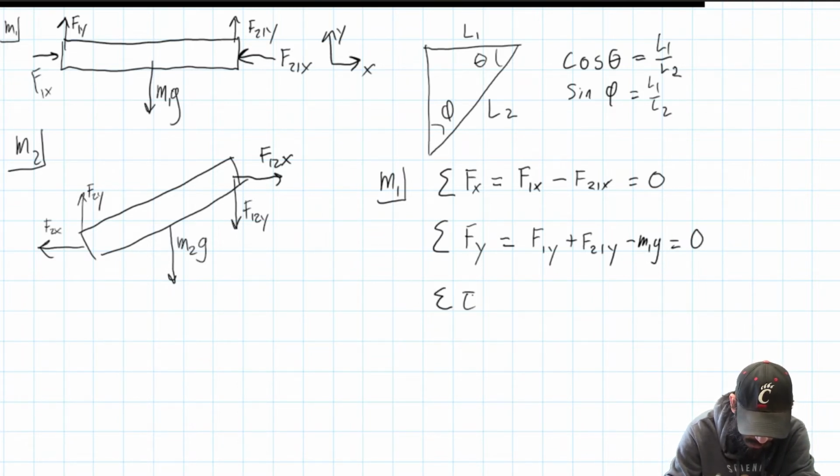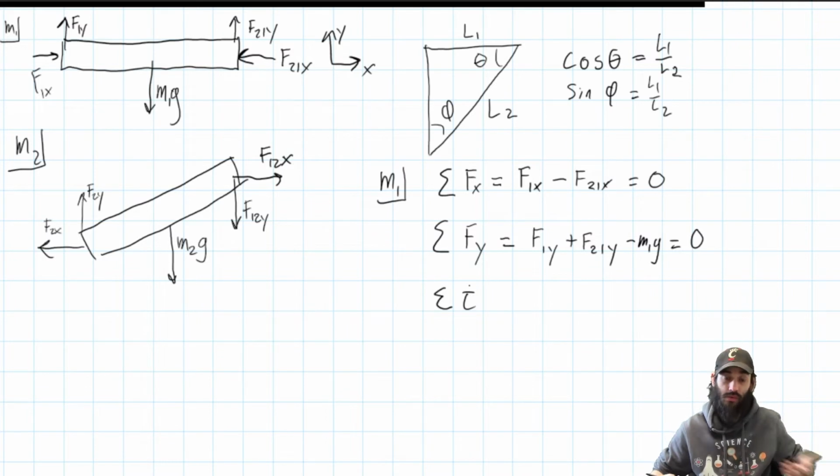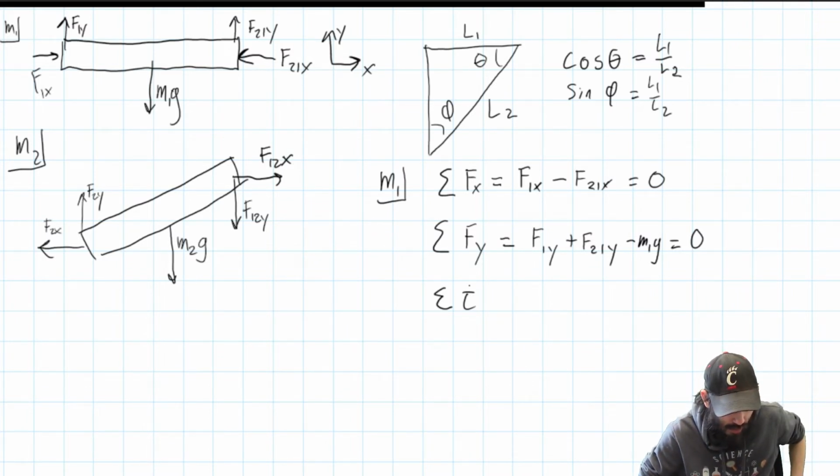Now, we need to make a choice for where we're summing the torques about. We have a couple of options for how we're going to do this because there's not really a best option per se, because we don't have a point that will eliminate more than 2 forces, right?